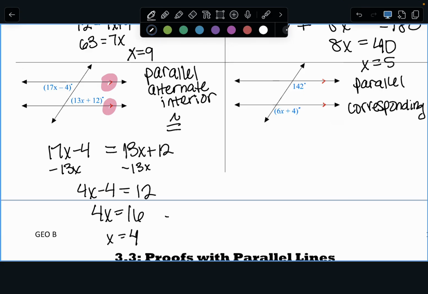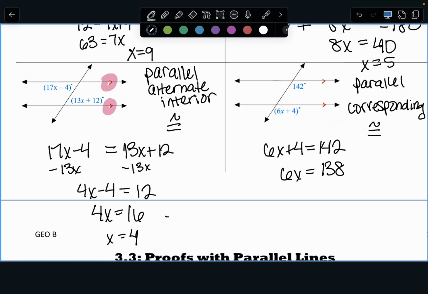In corresponding angles, if the lines are parallel, they are congruent. So I set their measures equal. 6x plus 4 is equal to 142. Subtract 4. 6x is equal to 138.